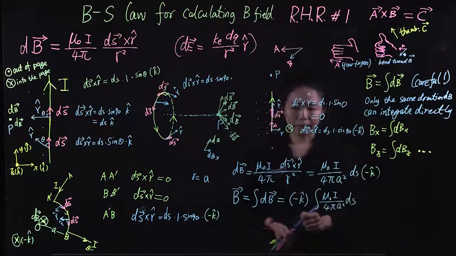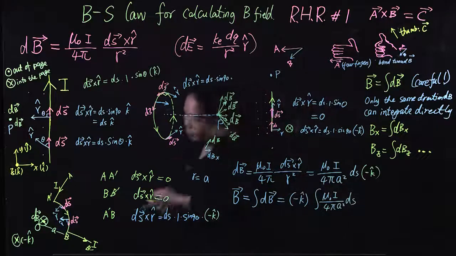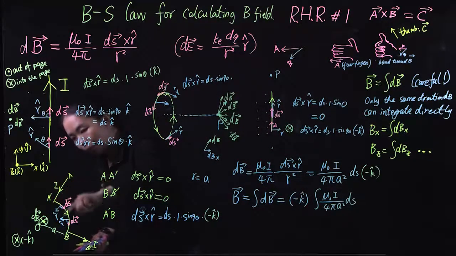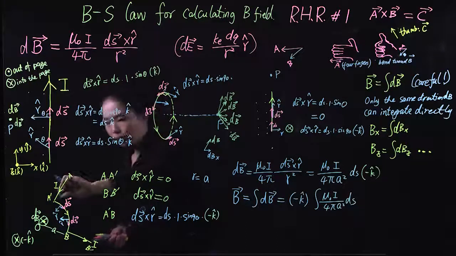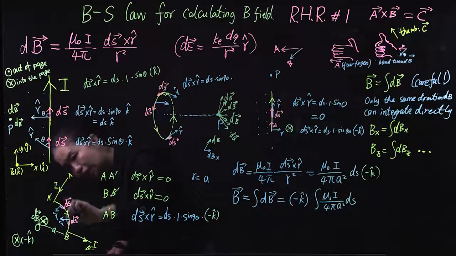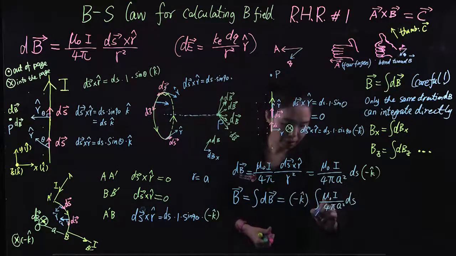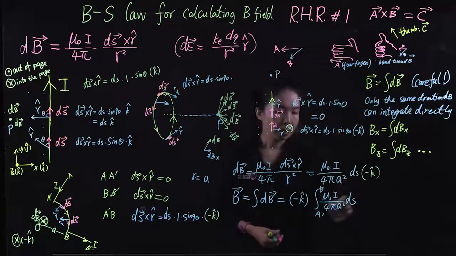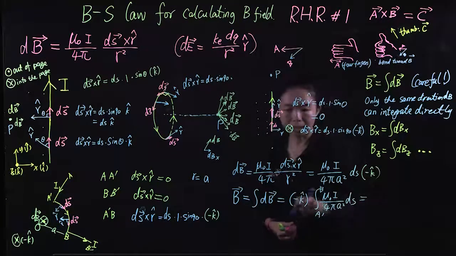And then where are we going? We are integrating from the A prime point to the B point. We are taking tiny pieces of ds all over the place that goes from A prime to B. Whatever is a constant, you can take out of the integration.